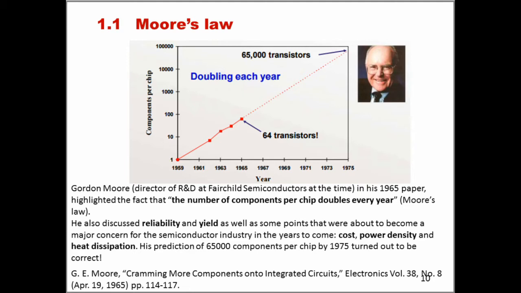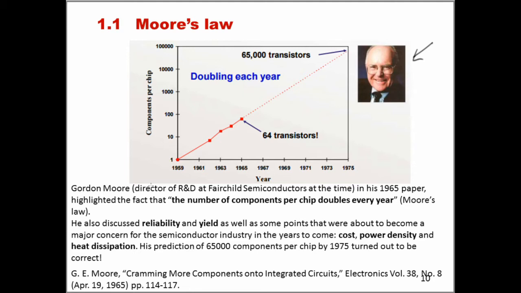Okay, let us now have a look at Moore's law. So what is this law about? Well, Gordon Moore, the guy in the picture here, at the time, 1965, was the director of the research and development facility at Fairchild Semiconductor, and he wrote a paper where he came to realize that the number of components per chip doubles every year.